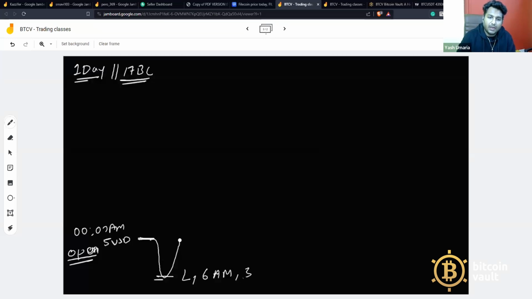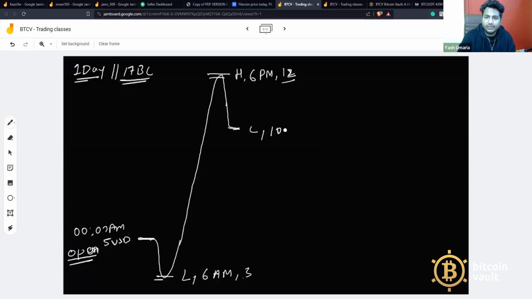And then the market moved up and creates a high at 6 p.m., and this is around 12 USD. Then it closes the day at 10 USD, around, let's say, 11:59 p.m.